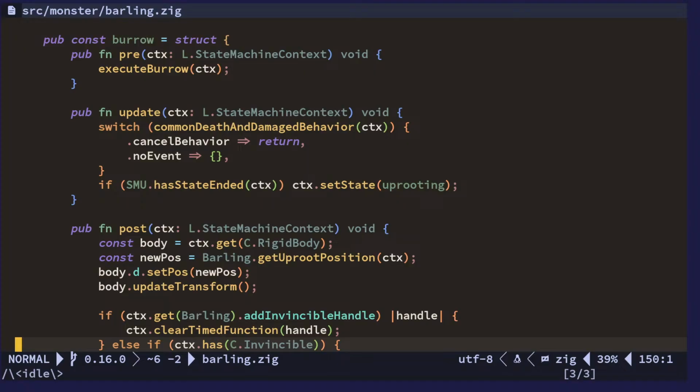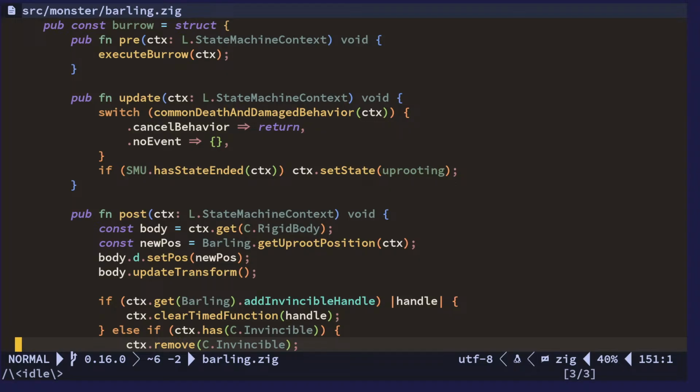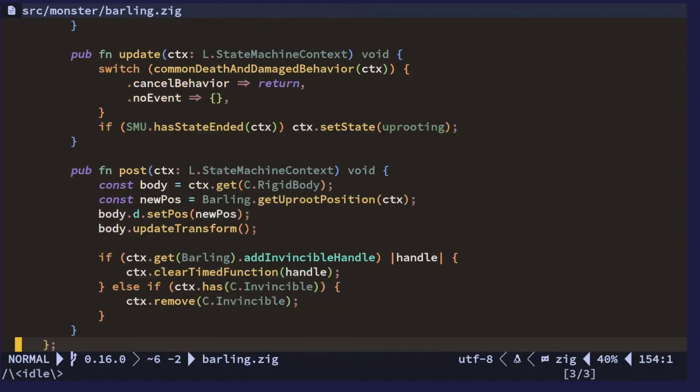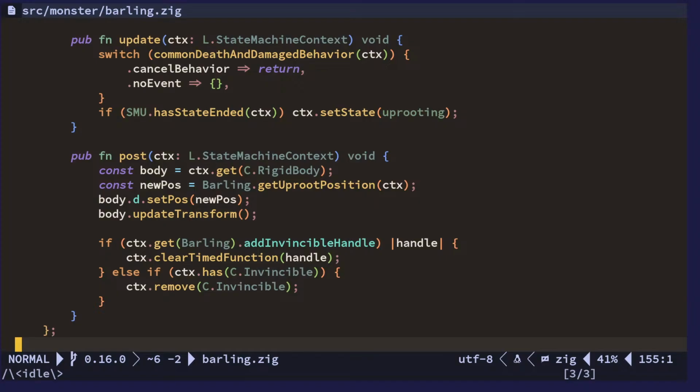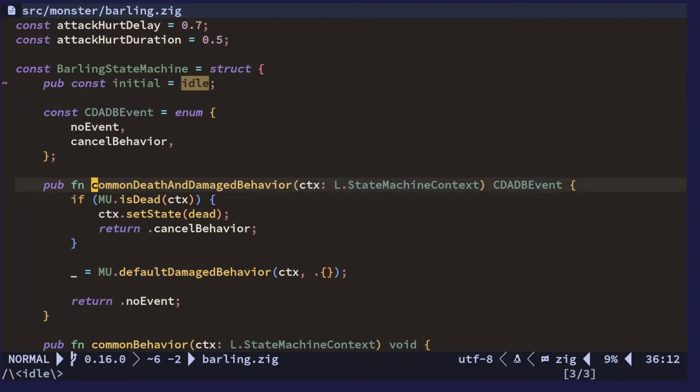Burrow. So during burrow, cancel behavior. If you're dead, okay.